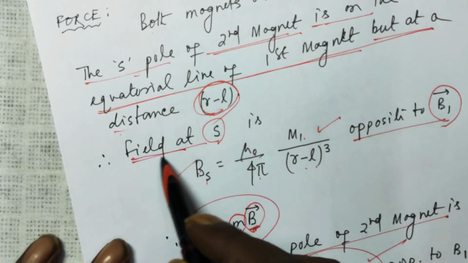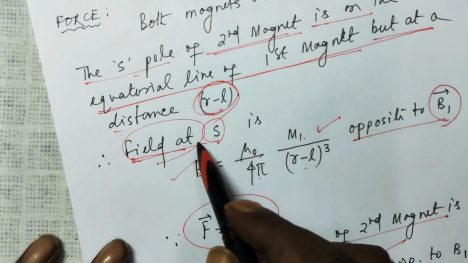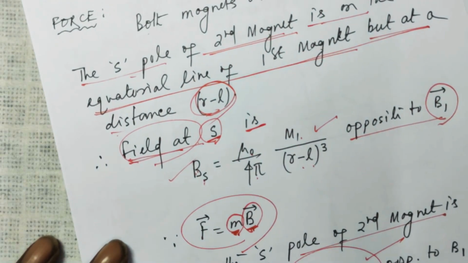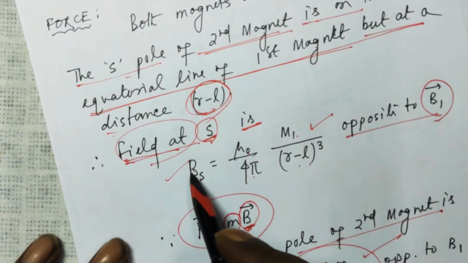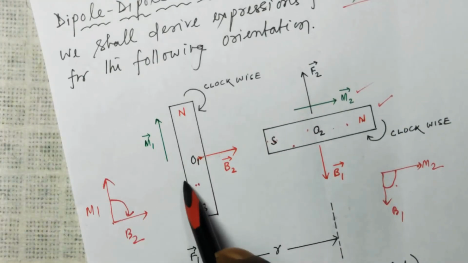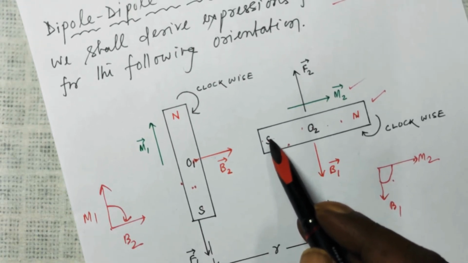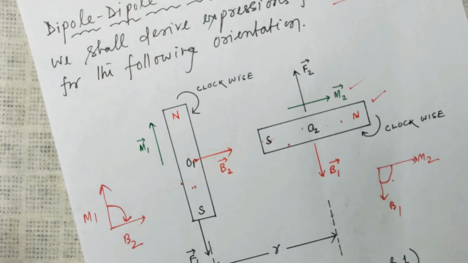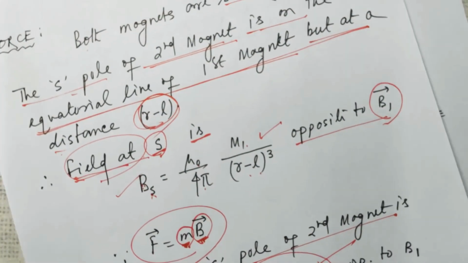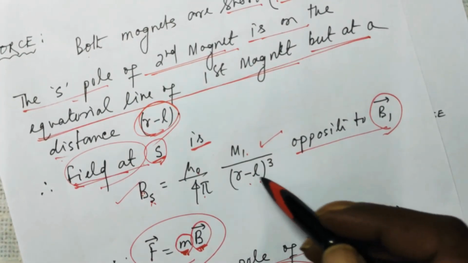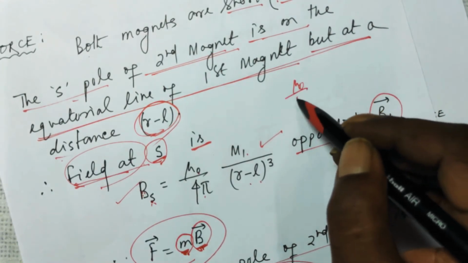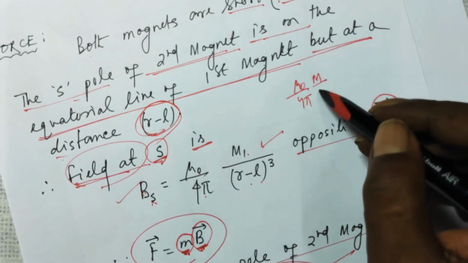So the magnetic field at S, BS, the magnetic field at the south pole due to this magnet: since this is on the equatorial line, we will use the expression for the equatorial line of a short bar magnet. And what was that? It was mu naught over 4 pi, M over R cube.